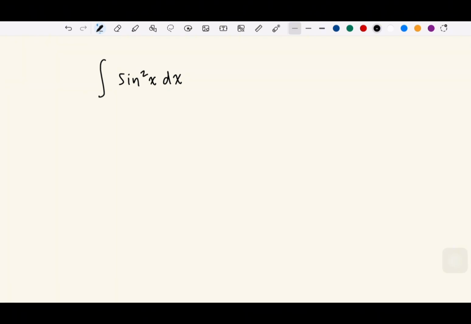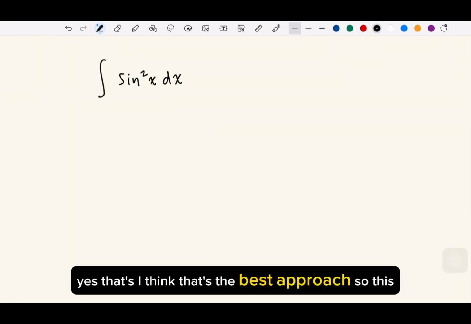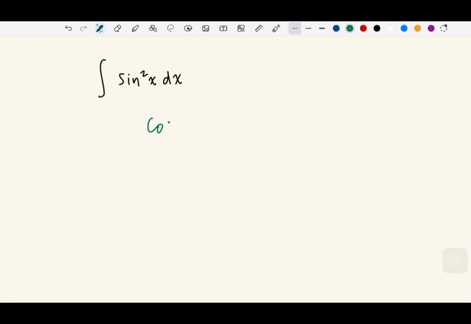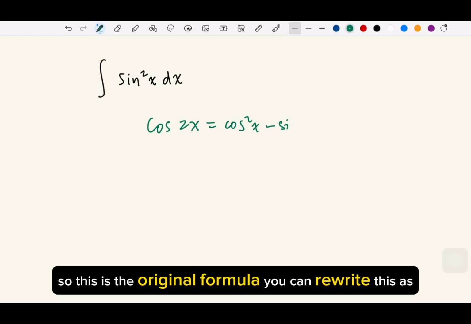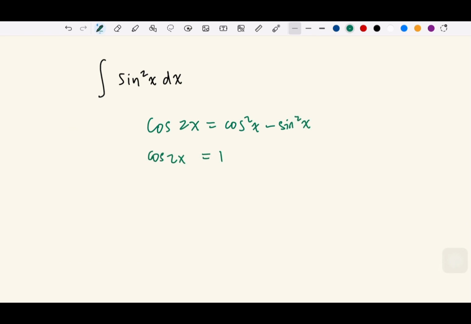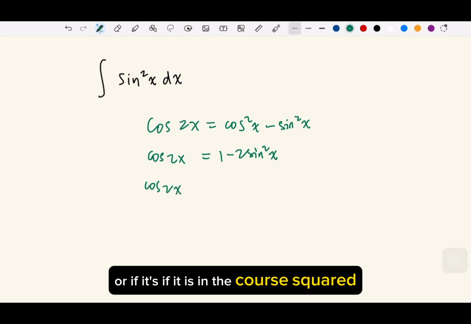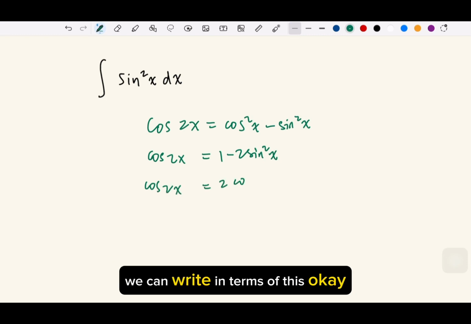Yes, I think that's the best approach. So the double angle formula will be very useful. This is the original formula. You can rewrite this, or if it is cos squared, we can write it in terms of this.